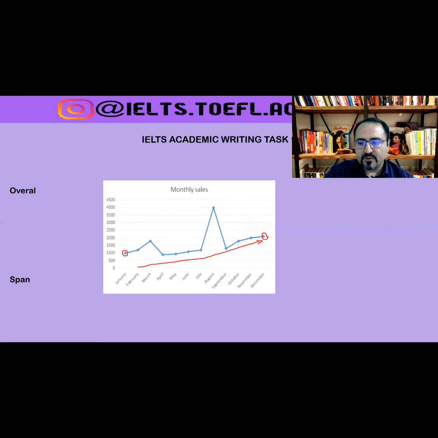So you can also use this word when you are using the word overall to show how this sale, population, or trend changed during a year, during months, or during, for example, centuries.